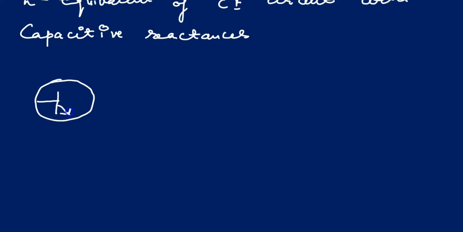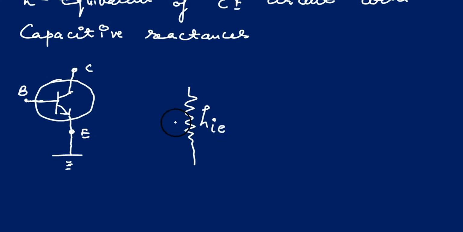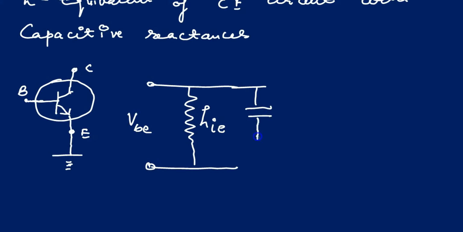Like this is a common emitter circuit. Emitter terminal is common: emitter, base and collector. Input is given to the base, the input signal, and output is taken at the collector side. So this is HIE, input impedance, VBE, base emitter voltage.